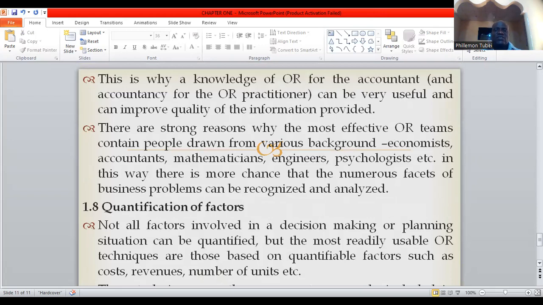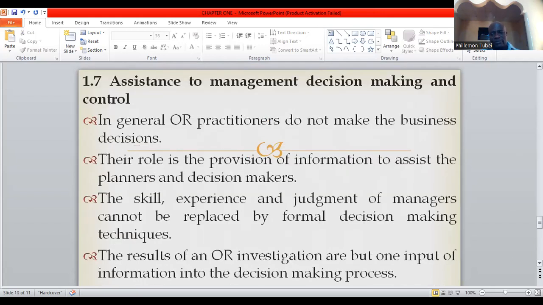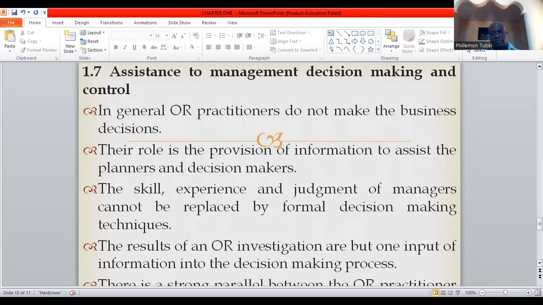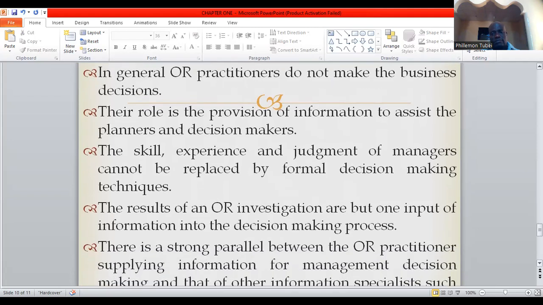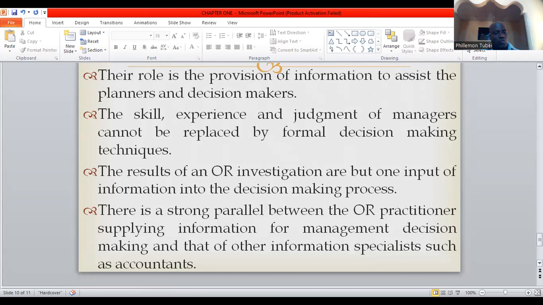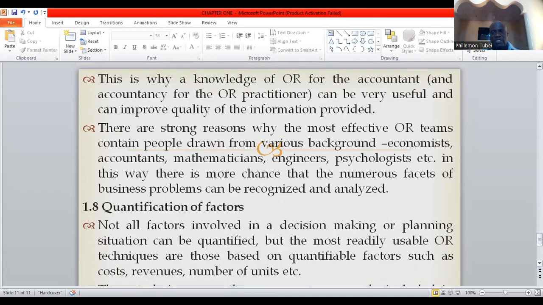So this is why a knowledge of operation research for the accountant, and accountancy for the operation research practitioner, can be very useful and can improve the quality of the information provided.